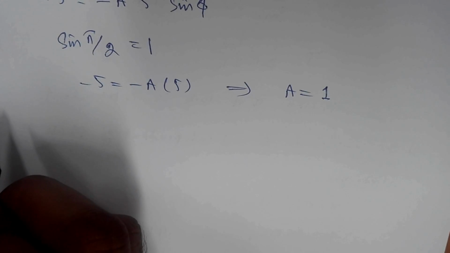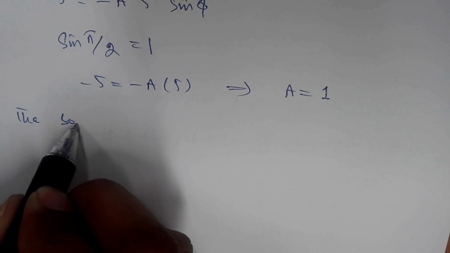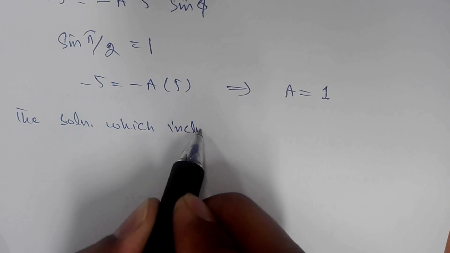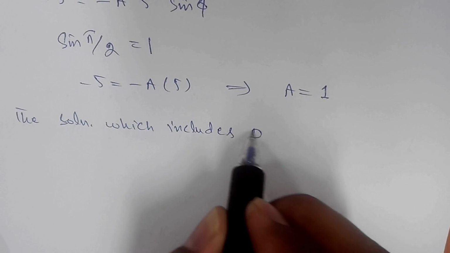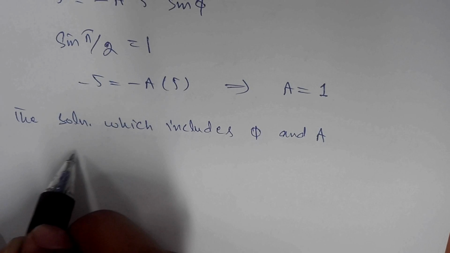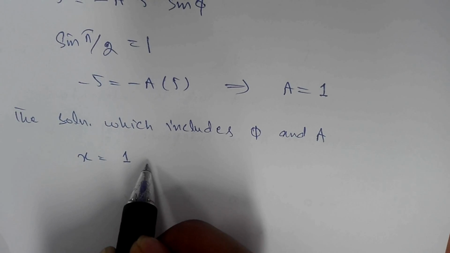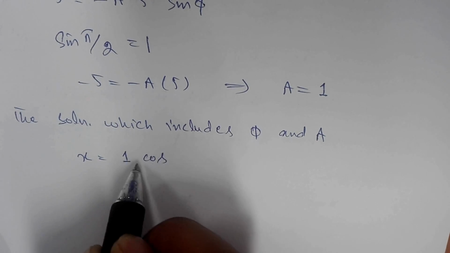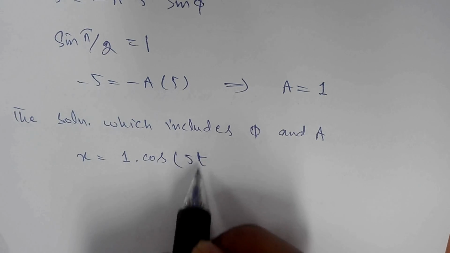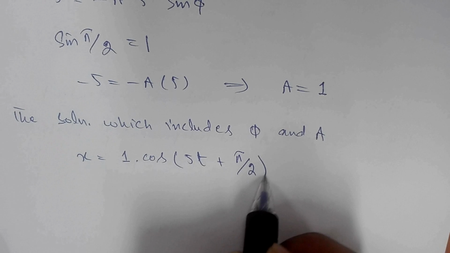So the solution which includes phi and A is x is equal to 1, the value of A, cos of 5t, the value of omega is 5, plus pi by 2, which is the value of phi.